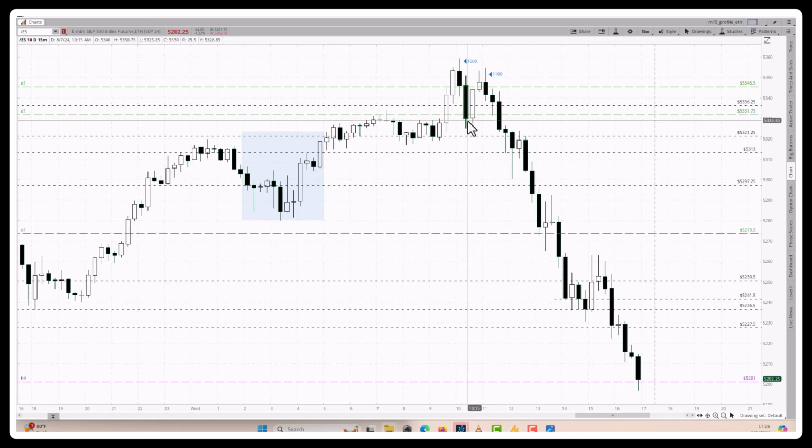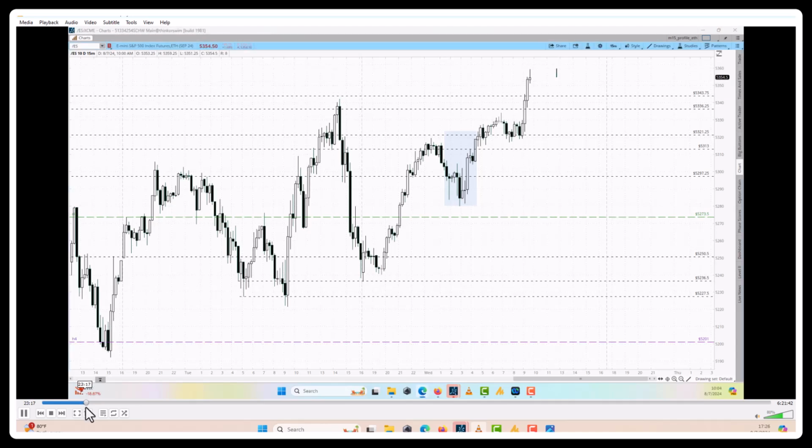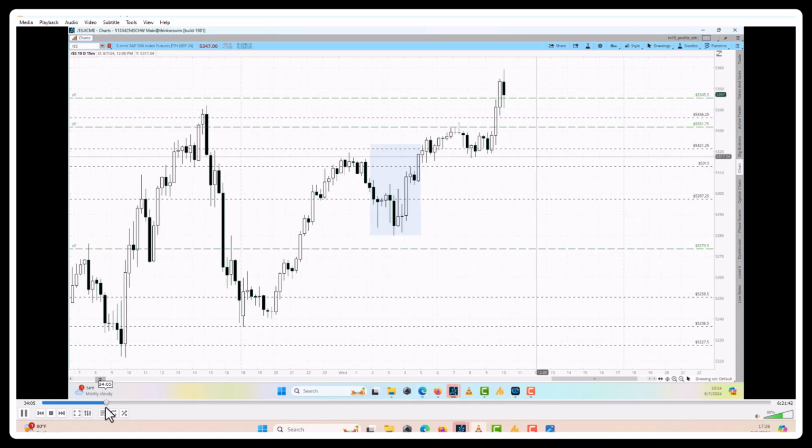The next candle at 10:15. Yeah, here you see it go up. You see that? Okay, look, just above, boom.